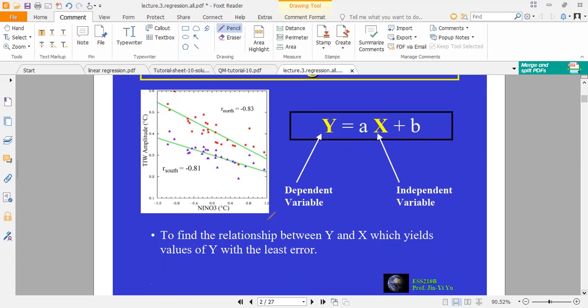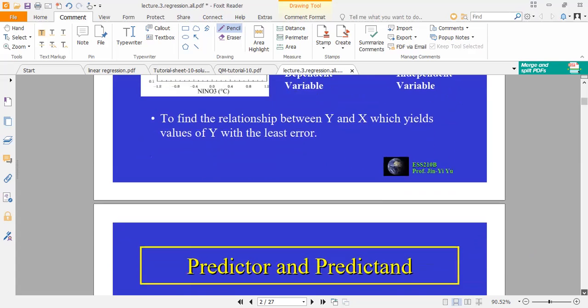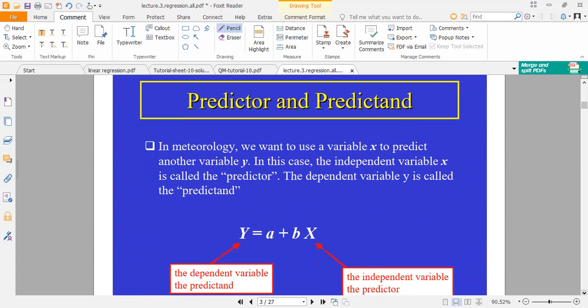So to find the relationship between x and y, we need to use regression. The regression equation is also called the prediction equation. Using the prediction equation, we would want to see how much of x predicts y.